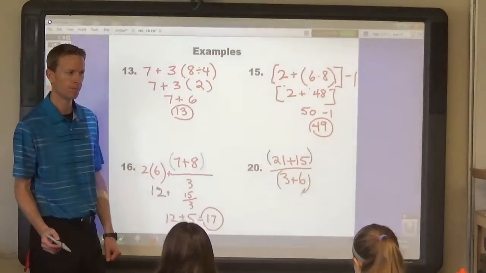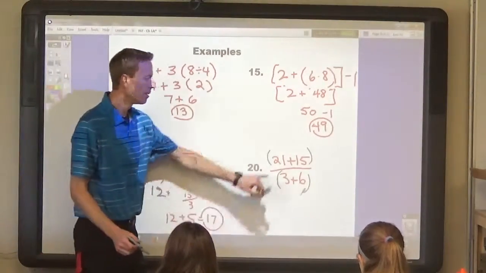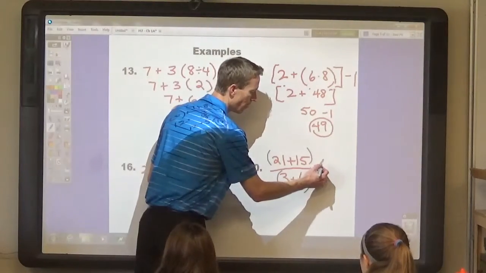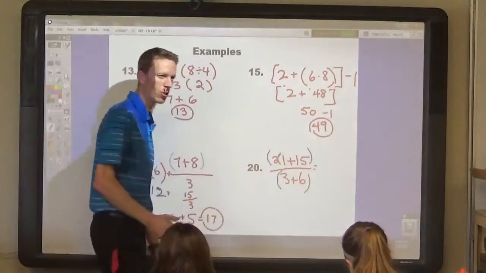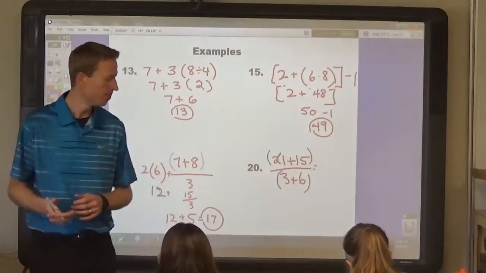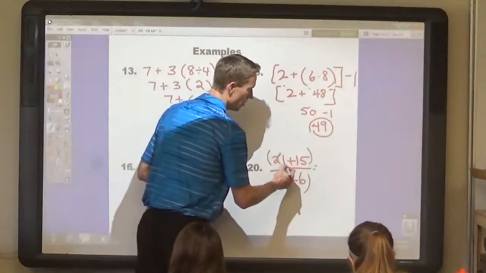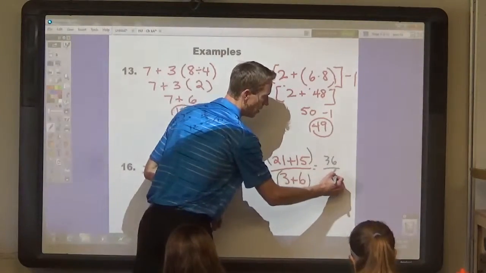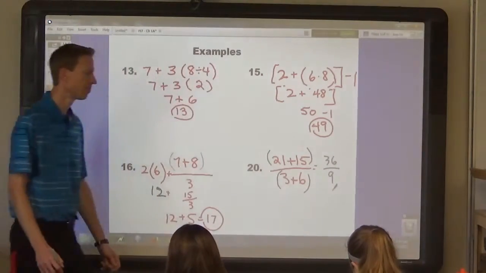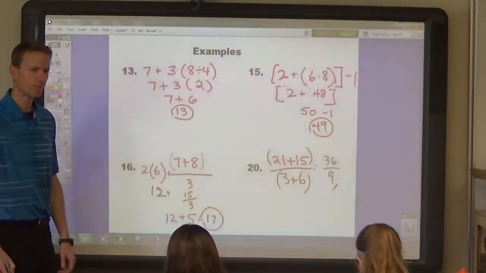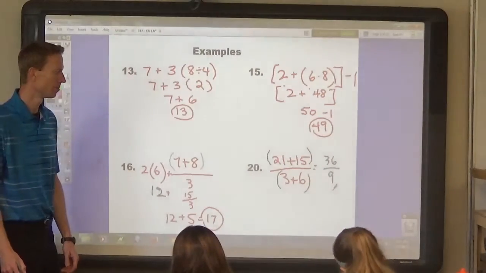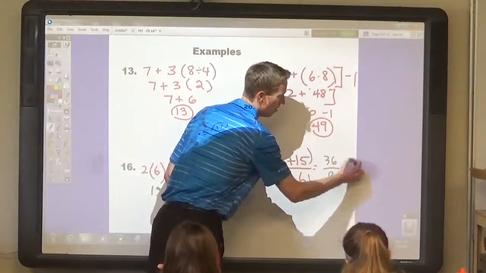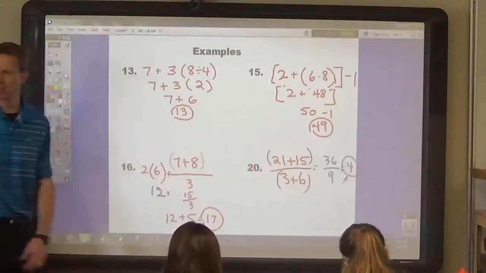Okay? And then, since there's just division here, we could simplify it this way, like you would with a normal fraction. So 36 divided by 9. And then 4, right?